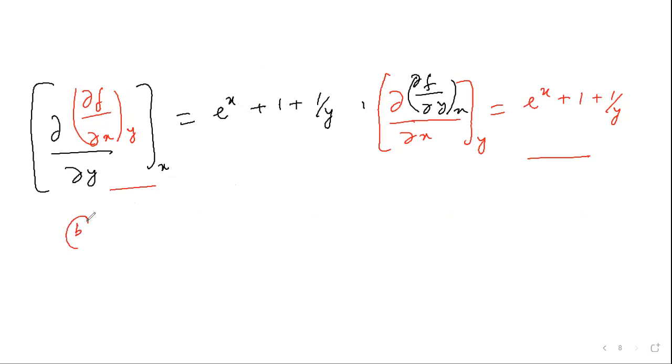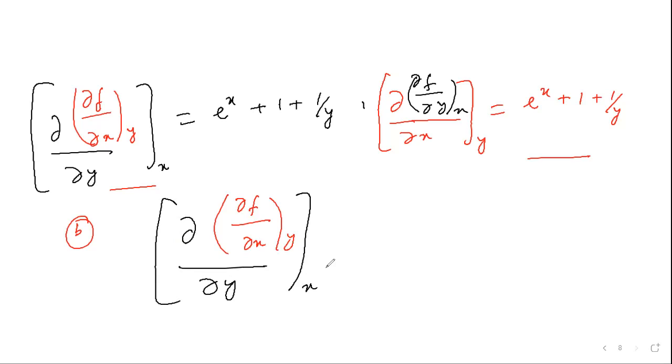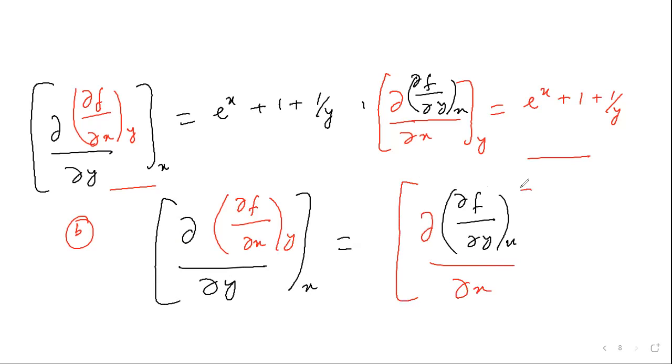So we got the answer for part B, because we have shown that ∂/∂x of ∂f/∂y, differentiated with respect to x treating y constant, is the same as differentiating the function with respect to y first, keeping x constant, then differentiating the result with respect to x, treating y constant. We have shown that these mixed derivatives are equal.